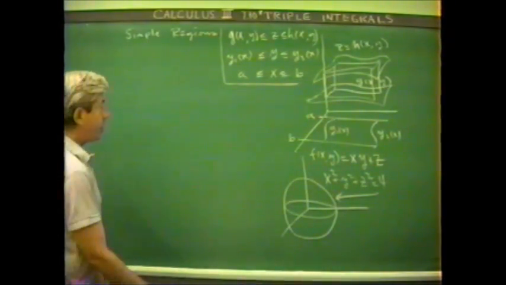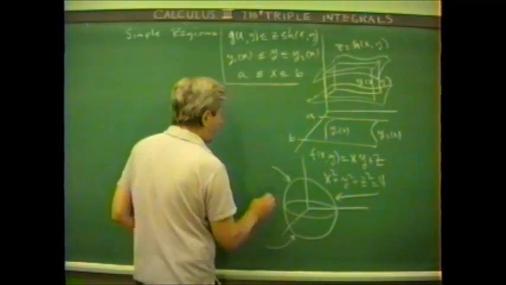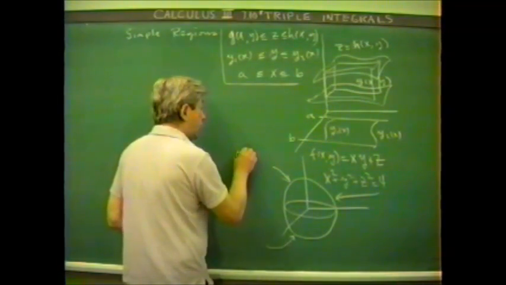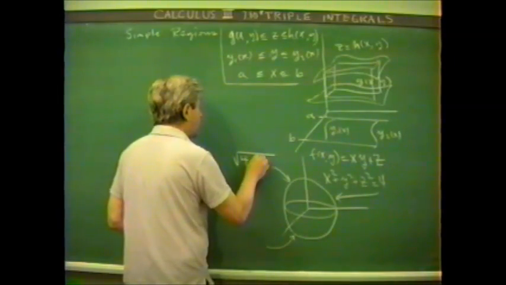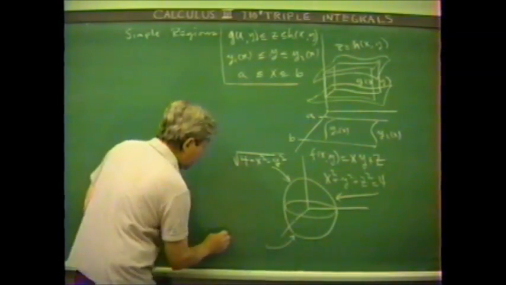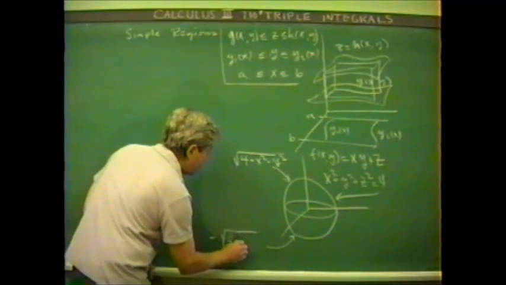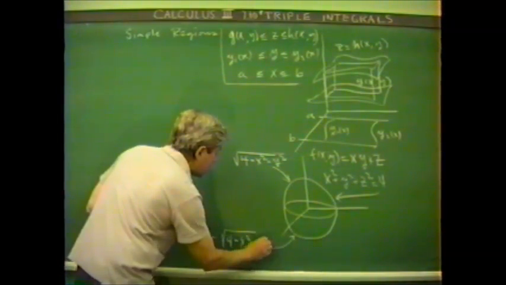Now, the sphere we can view as 2 functions of x and y. There's an upper function, the square root of 4 minus x squared minus y squared, and there's a lower function, the negative of the square root of 4 minus x squared minus y squared.